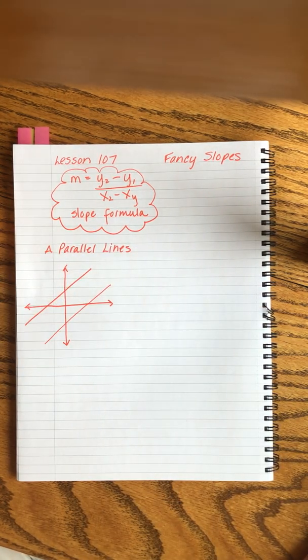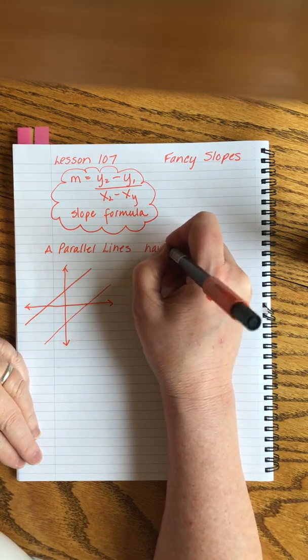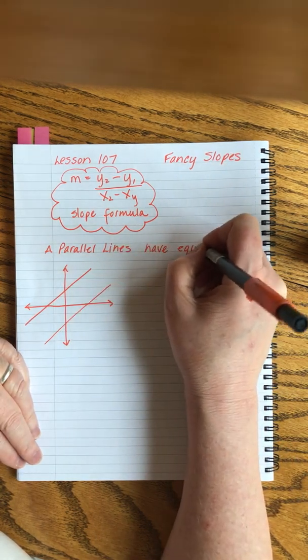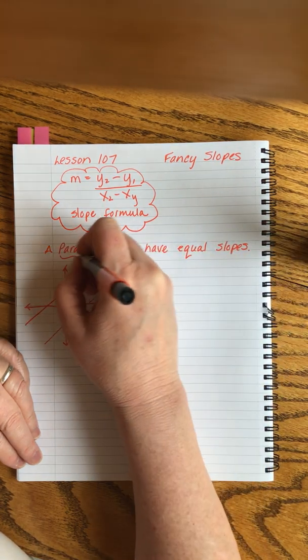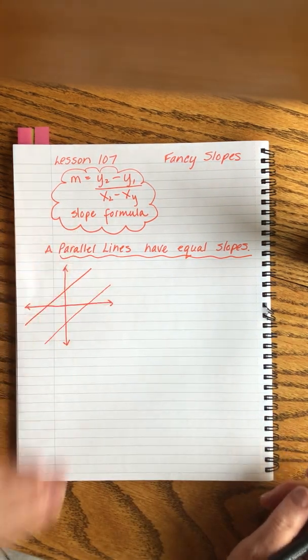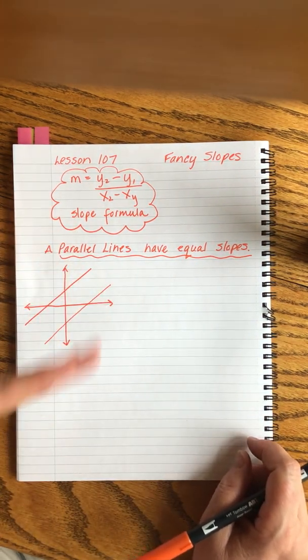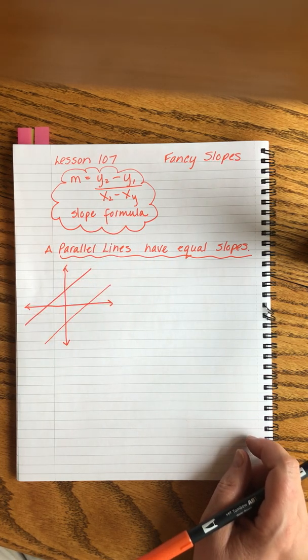It measures which way it's tipping, and it measures how steep or flat the line is. Here's an interesting thing about parallel lines. Parallel lines have equal slopes. Whoa. And we can kind of see that, right? If you're measuring the tip of the line, the wonkiness of it, then it makes sense that if they're exactly the same, they should have the same slope.